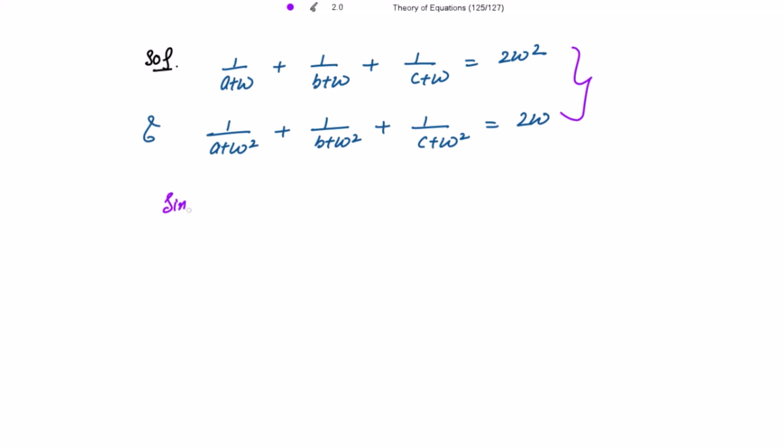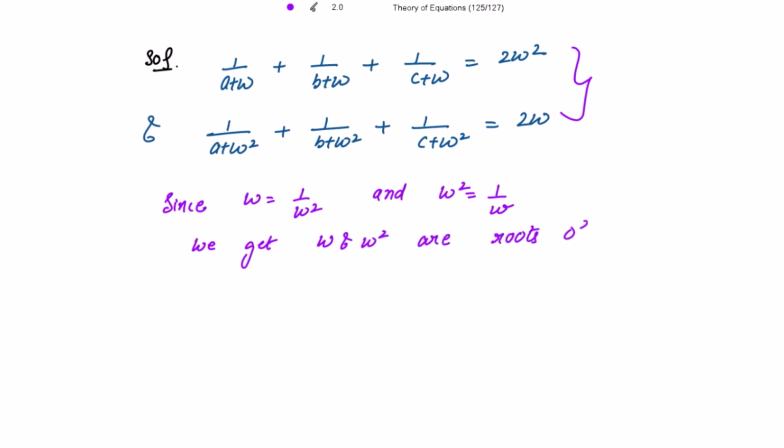Since omega is equal to 1 divided by omega square and omega square is equal to 1 divided by omega, we get that omega and omega square are the roots of the equation 1 divided by a plus x plus 1 divided by b plus x plus 1 divided by c plus x equal to 2 divided by x.